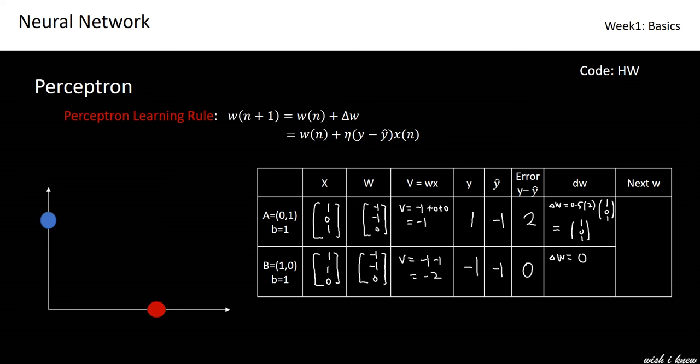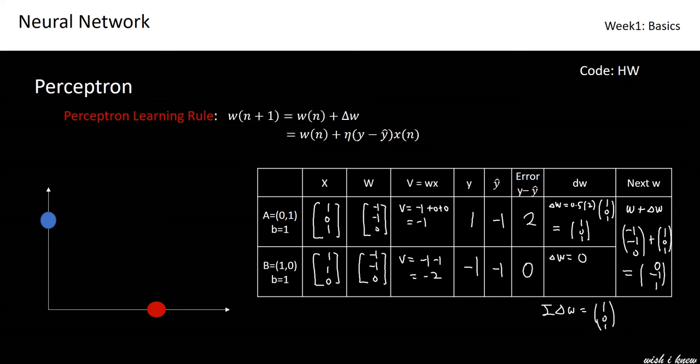And the next w is current w plus delta w, and the sum of delta w here is 1, 0, 1, so I'll just add 1, 0, 1 to the previous weight. So -1, -1, 0 plus 1, 0, 1, and this is going to be 0, -1, 1.